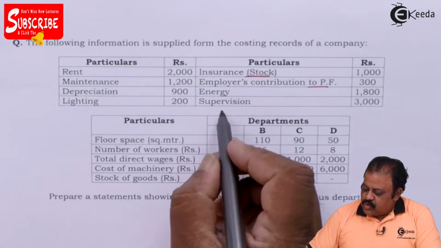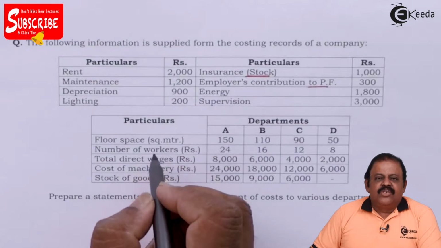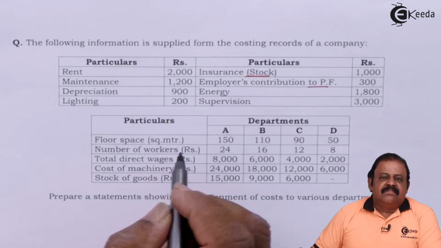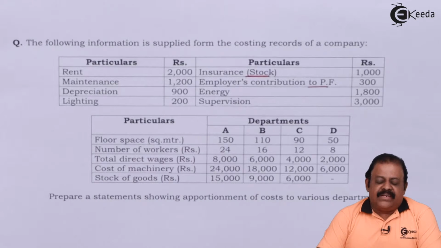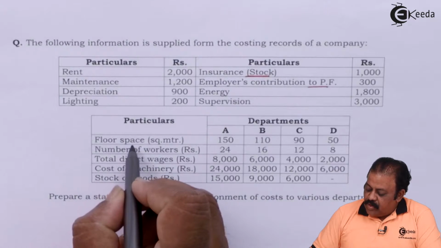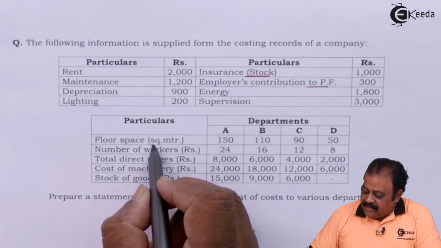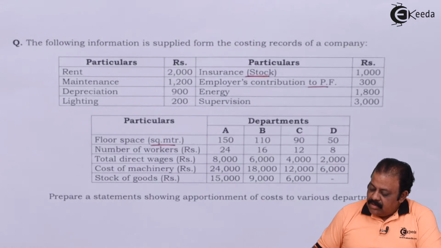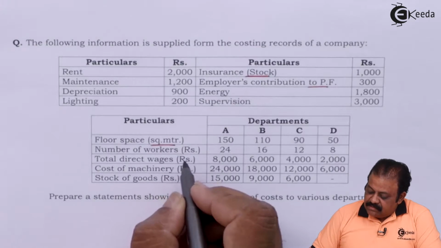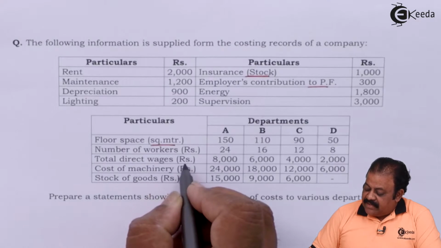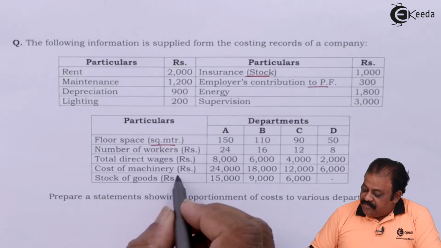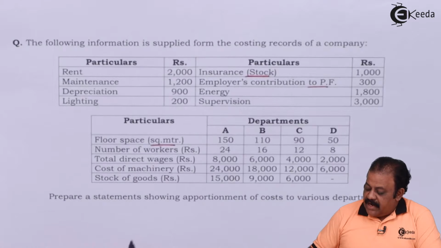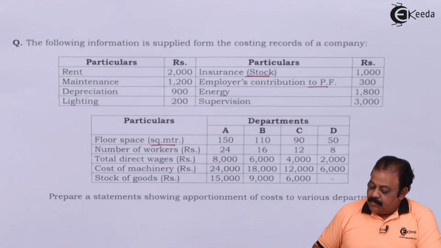Energy, supervision. Here the second table shows certain parameters by which we can divide overheads: floor space in square meters, number of workers, total direct wages, cost of machinery and stock of goods.